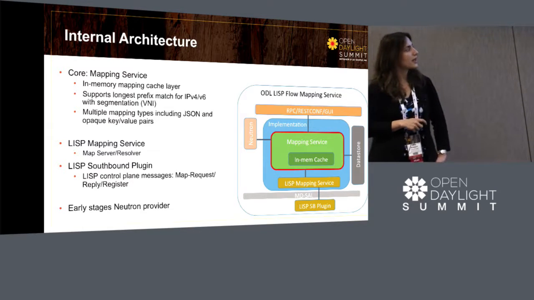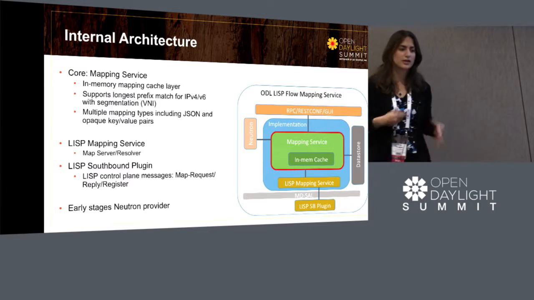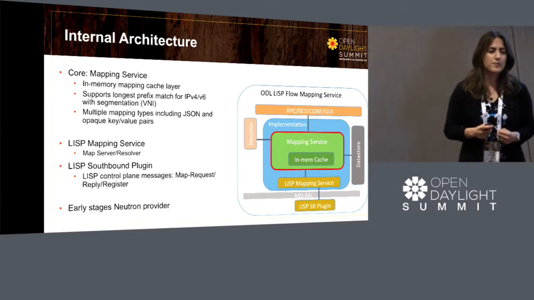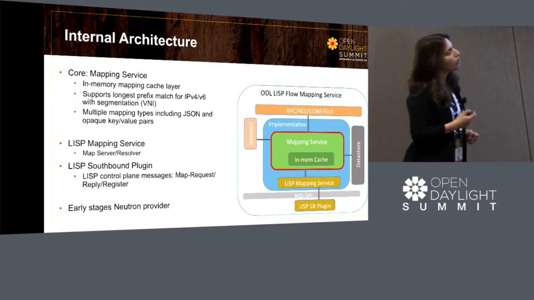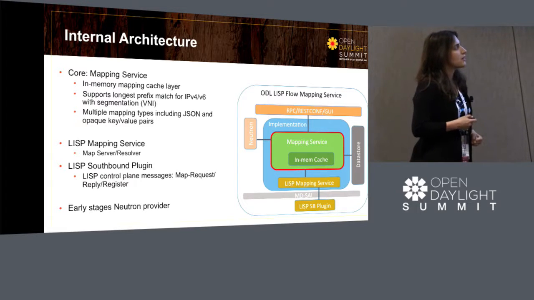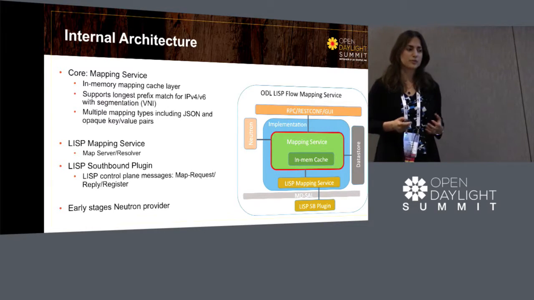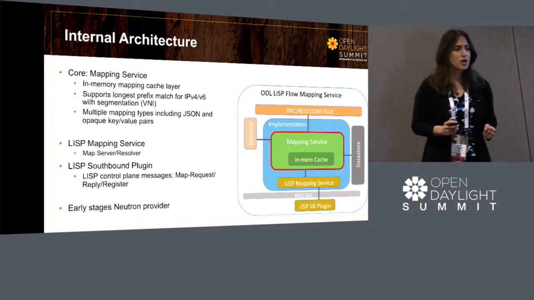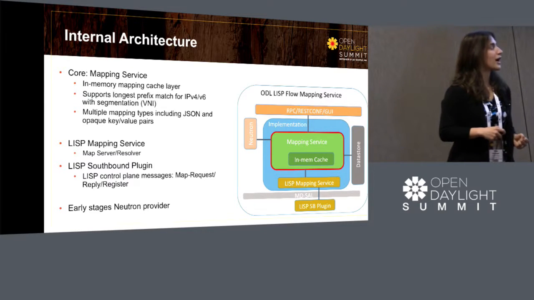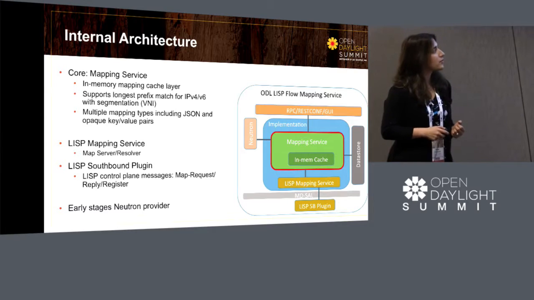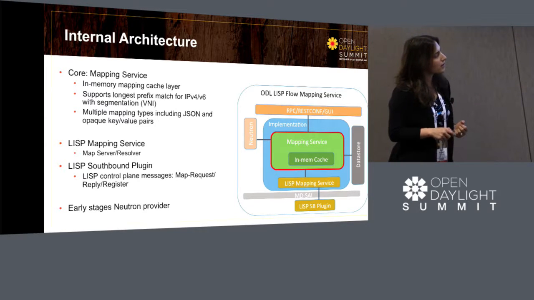This slide captures at a high level the internal architecture of the mapping system. At the core of it, we have the mapping system implementation, where the data and the mappings are persisted using the data store. We also have an in-memory cache layer for performance and speed. Then we have, of course, the LISP southbound plugin.